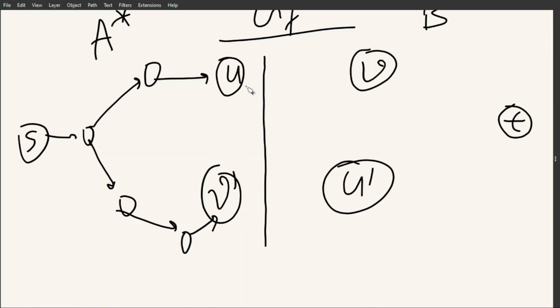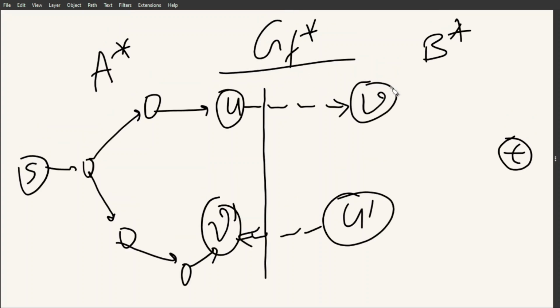By a dotted arrow we show the edges in G, because in G_F star there is no such edge, because you cannot reach, starting from S, any vertex in B star.